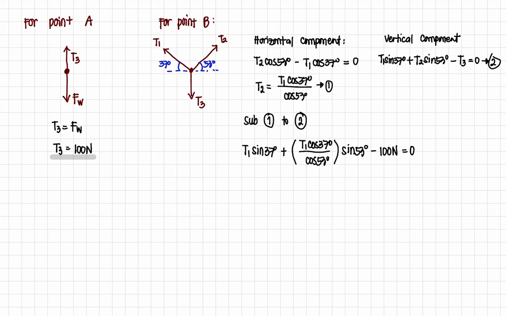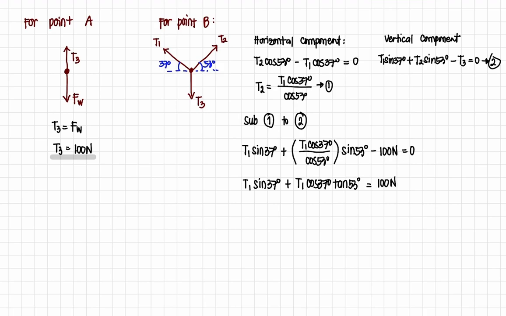So we have T1 sine of 37 degrees plus T1 cosine of 37 degrees. What is sine over cosine, class? That's tangent. We can only do that because they have the same angle, 53. So tangent of 53 degrees equals 100 newtons.